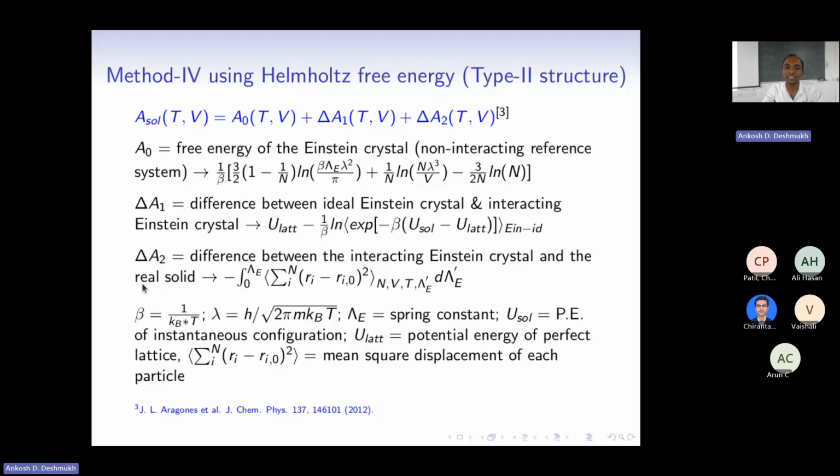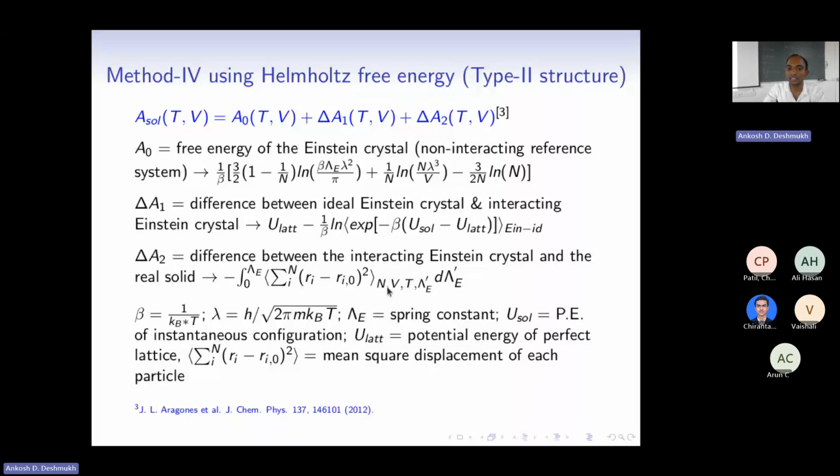The real solid is what we are simulating by molecular dynamics, and it is given as minus the integral from 0 to lambda E. Here lambda is the maximum spring constant, which is constant, and it is averaged over each atom from i to n atoms, from the initial position to the final positions.